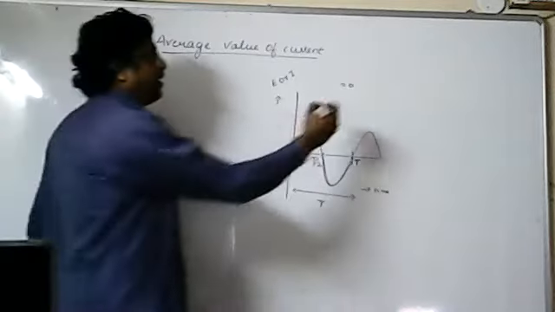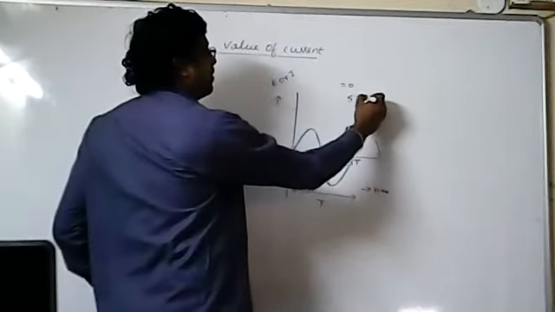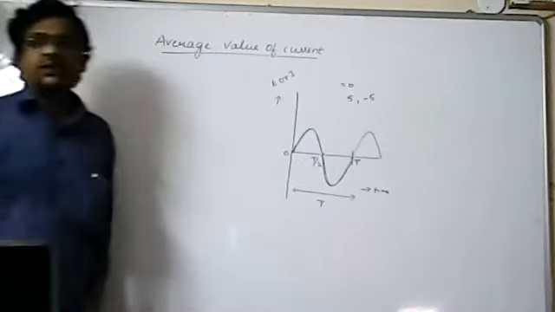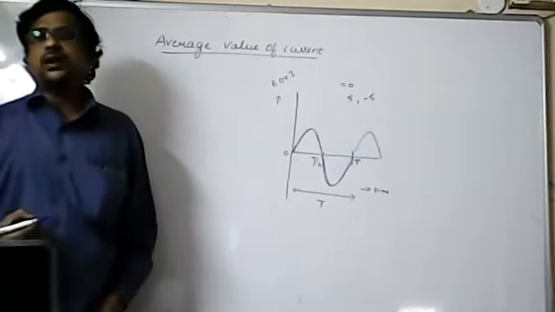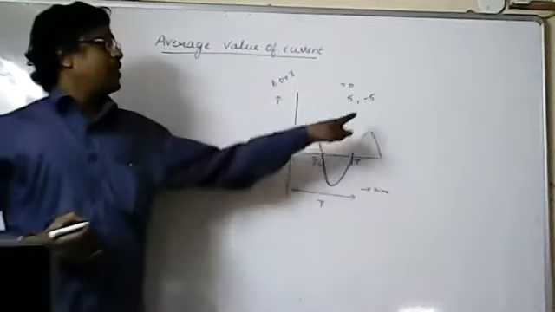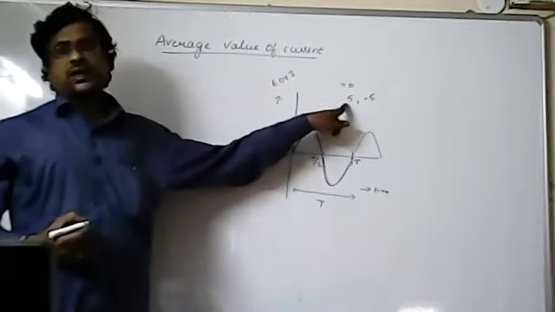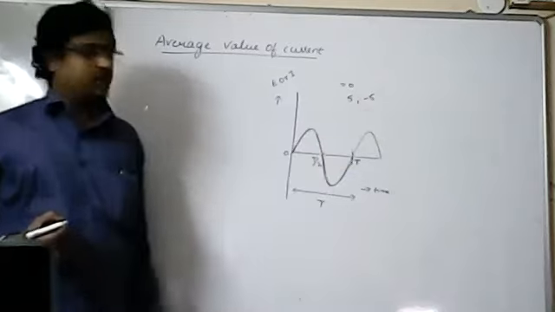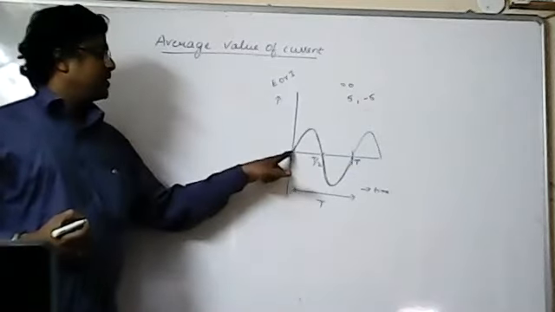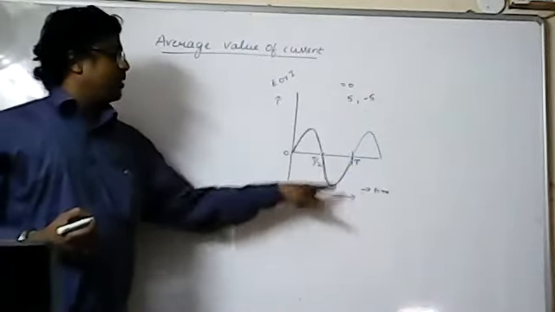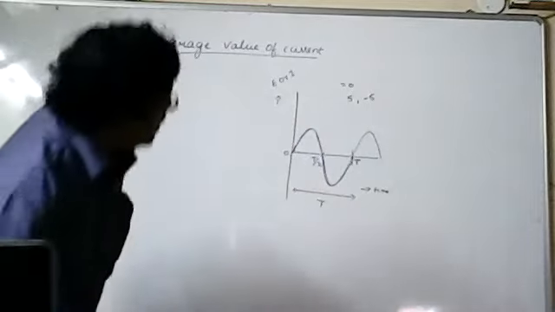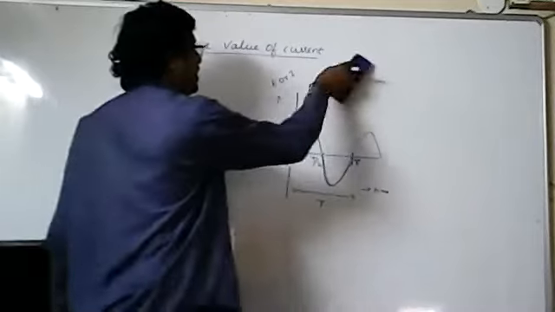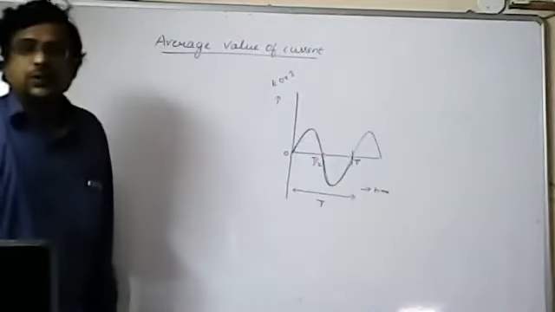For example, if I take two numbers, 5 and -5, and take the average of both, the value is 0, because one has a positive sign and one has a negative sign. Here also the magnitude is the same, but one is positive and the other is negative. Hence, the average for one complete cycle will be equal to 0.